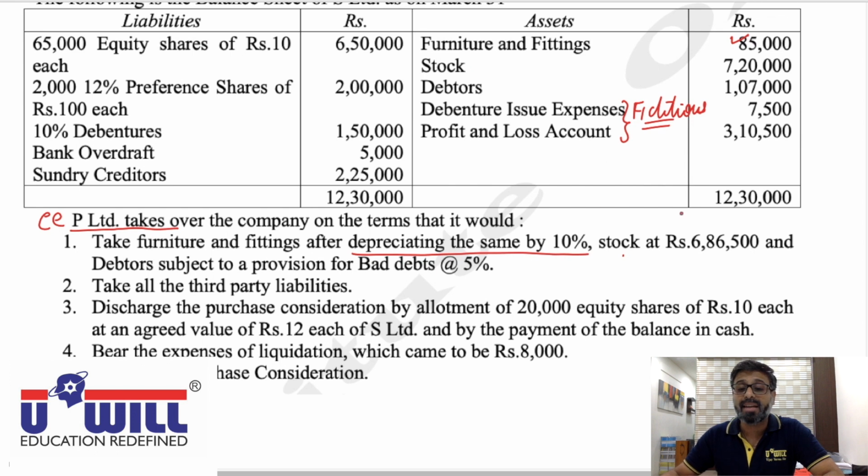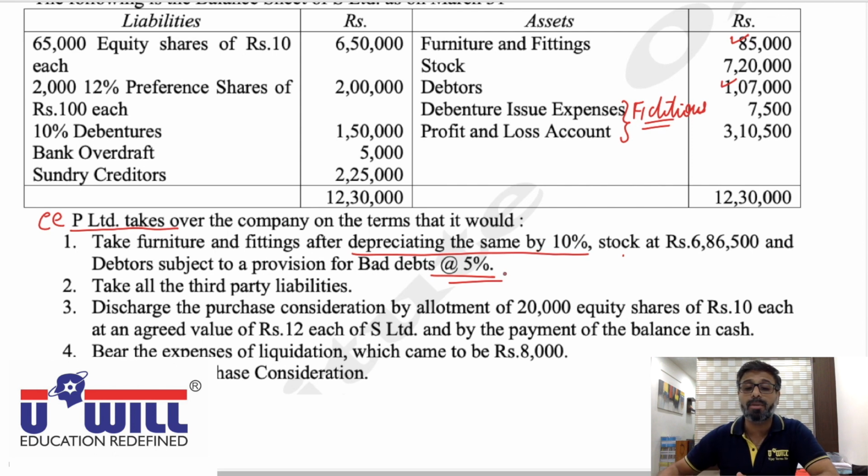For stock, the agreed value is directly given, 6,86,500. And debtors, subject to a provision for bad debts of 5%. So from debtors also, 1,07,000, we will minus 5%. Okay, 1,07,000, 5% we have to minus. Straight away on the calculator you can do 1,07,000 minus 5%.